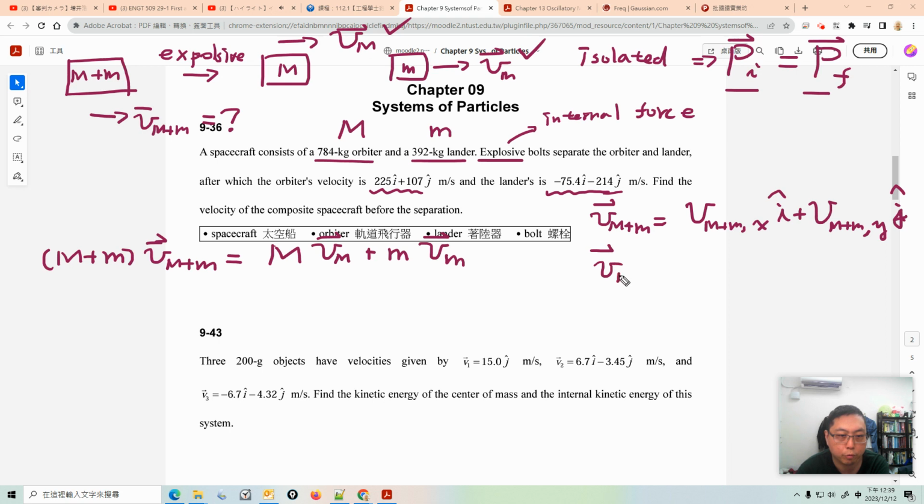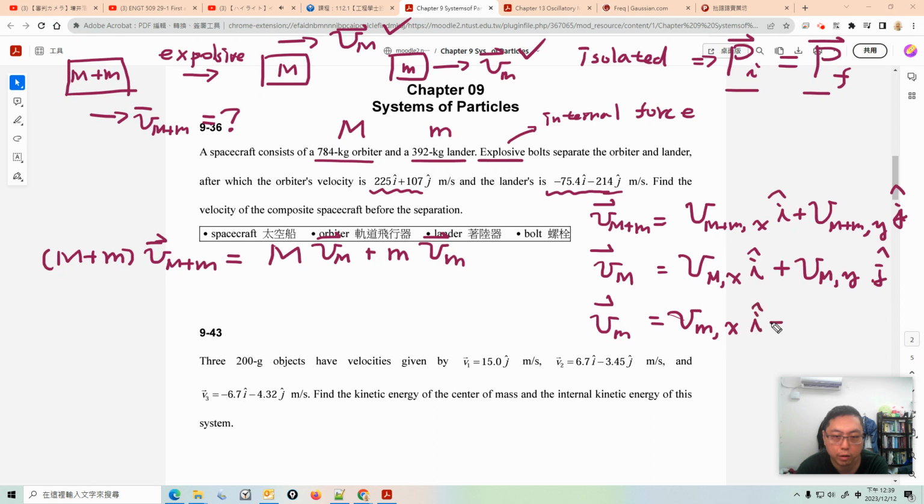Same thing, we can write the component expression for the vectors for capital M and small m, that means the orbiter and the lander: V_M x component i plus V_M y component j, and small m x component i plus small m y component j. So we use the component expression for the velocity vectors of the spacecraft, orbiter, and lander.